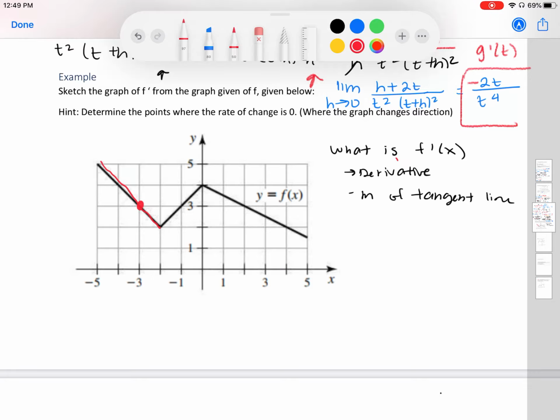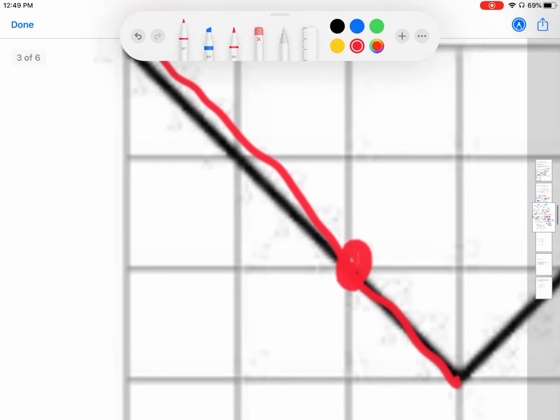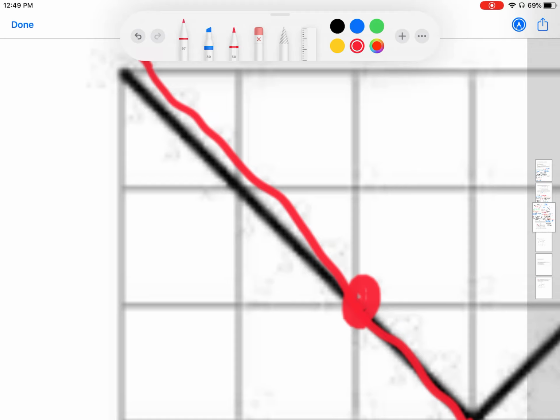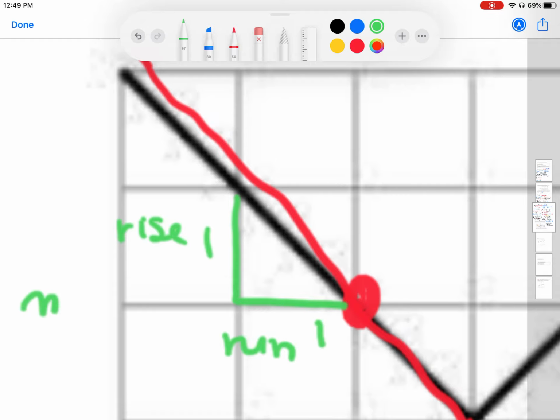So if I look at this part, just this part alone, what is the slope? Well, remember your slope is your rise over run. What is our rise and run? 1 and 1, right? Towards a negative direction. So here our slope is negative 1.